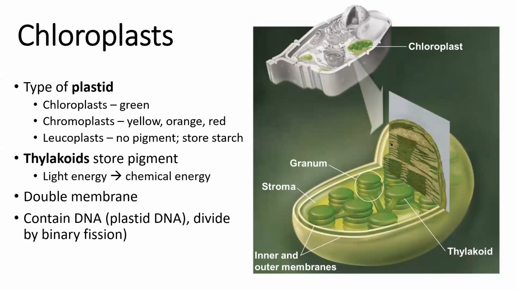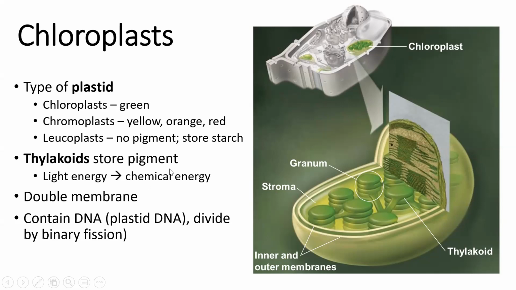The chloroplasts are very unique organelles. They are found only in plants, and they are involved in the process of photosynthesis. We're going to talk in great detail about this when we get to chapter 8.